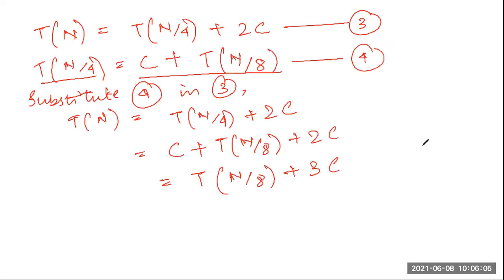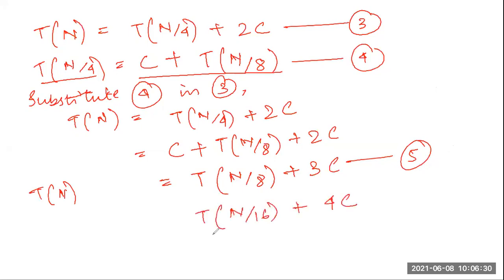Okay. So if you follow, how was it happening? First, it was T of n by 2 plus C, then it was T of n by 4 plus 2C, then T of n by 8 plus 3C, then T of n by 16 plus 4C, then T of n by 32 plus 5C.